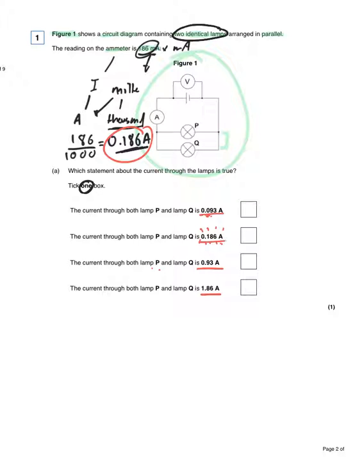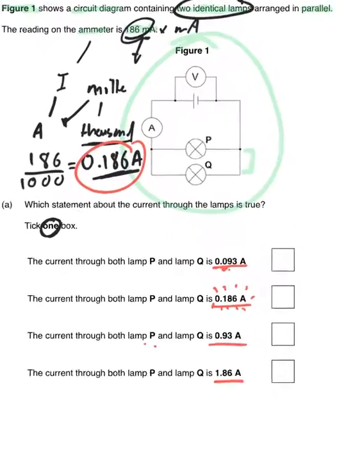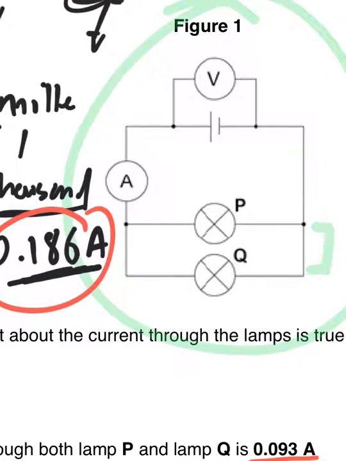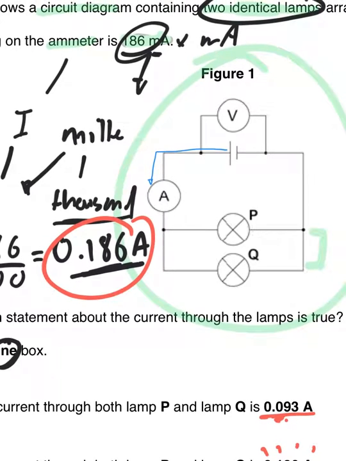Now, that's not necessarily going to say that that's the correct answer, because what I should remember about current is that as the electricity flows from the cell, goes into the ammeter and gives us this reading here, which we've just converted to this, 0.186.